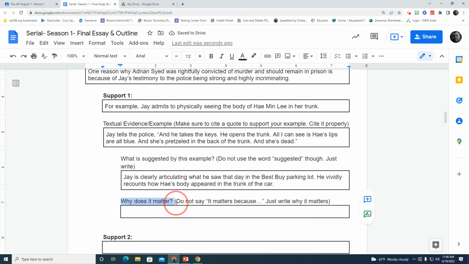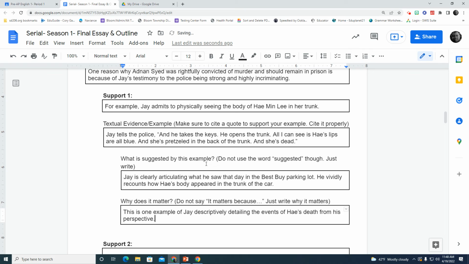And then what's really important is, why does this matter, right? Okay, this is one example of Jay. I don't want to use the word clearly again. So Jay descriptively detailing the events of Hay's death from his perspective.